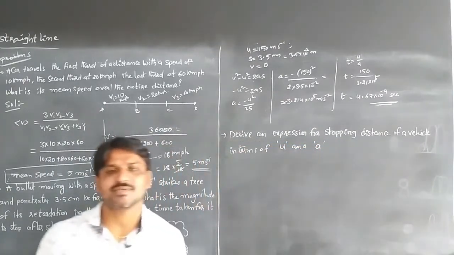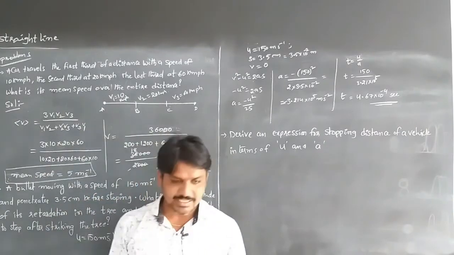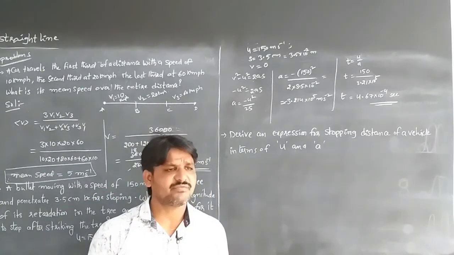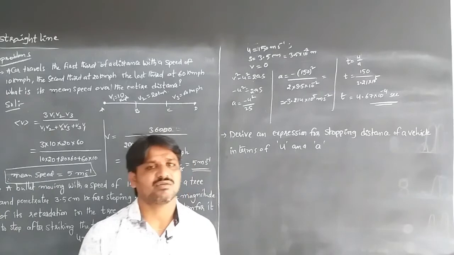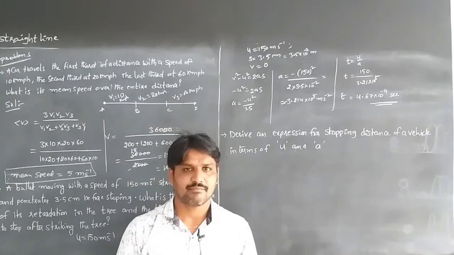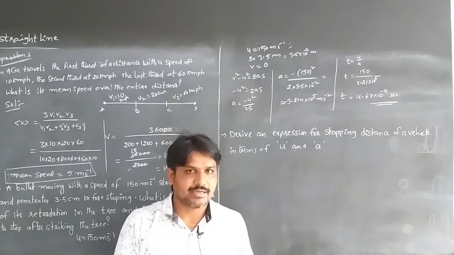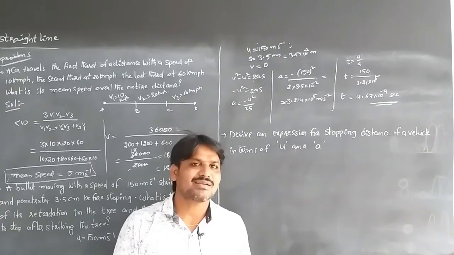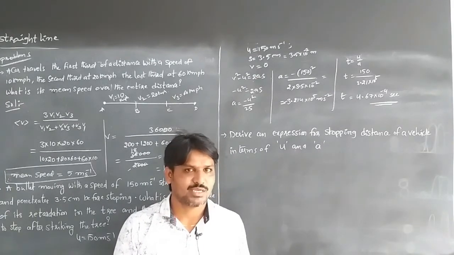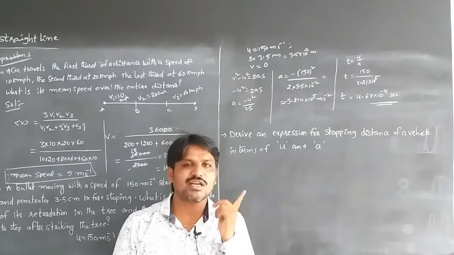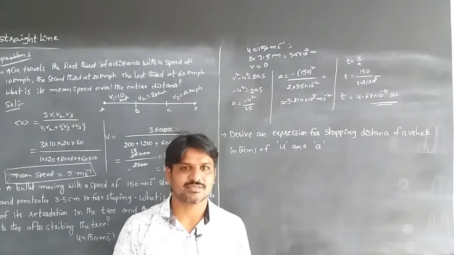What is meant by stopping distance? Let's see, when we are riding a bike or a bicycle, if we apply the brake, the body cannot be stopped immediately. It will move a small distance until it stops.